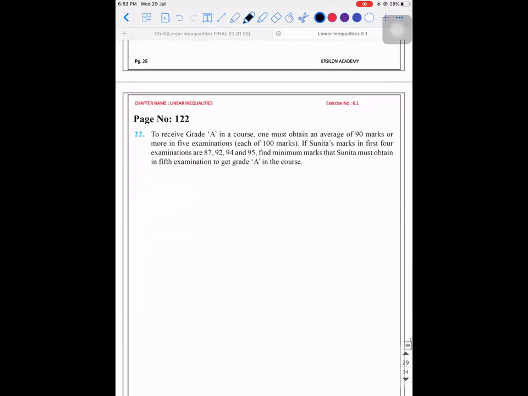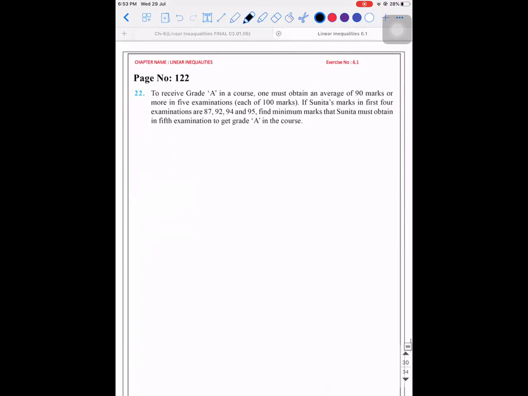So let's do the 22nd. To receive grade A in a course, one must obtain an average of 90 marks or more in 5 examinations, each of 100 marks.